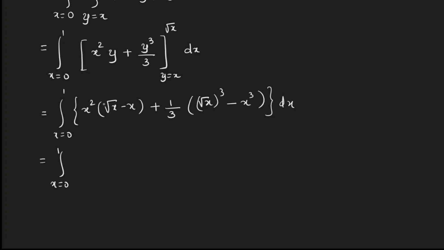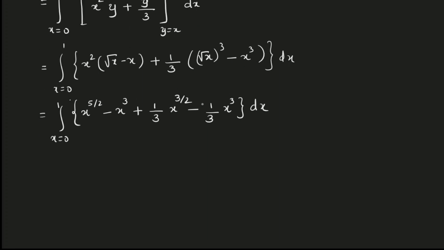The bases are the same, so x square plus 1 by 2 is x raised to 5 by 2 power, minus x square into x is x cube, plus root x power is 1 by 2 and into 3, so it will be 1 by 3 into x raised to 3 by 2 minus 1 by 3 into x cube dx.